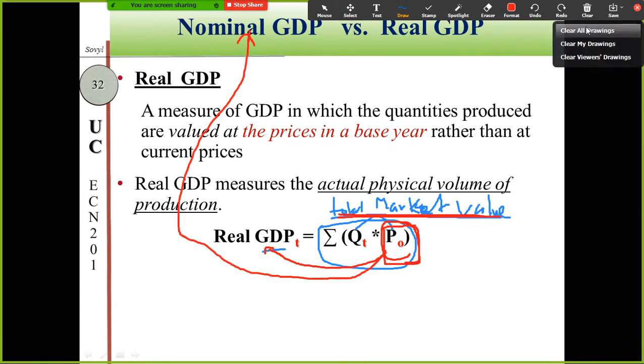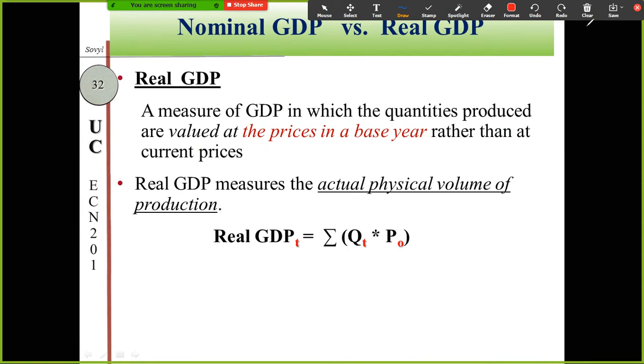So what does GDP mean? GDP is the total market value of final goods and final services produced in one country, one state, one province, one region in a period of time. In order to find market value, you need to know quantity and you need to know price.